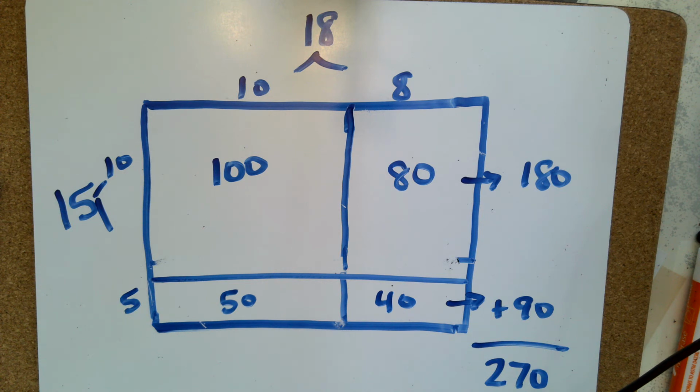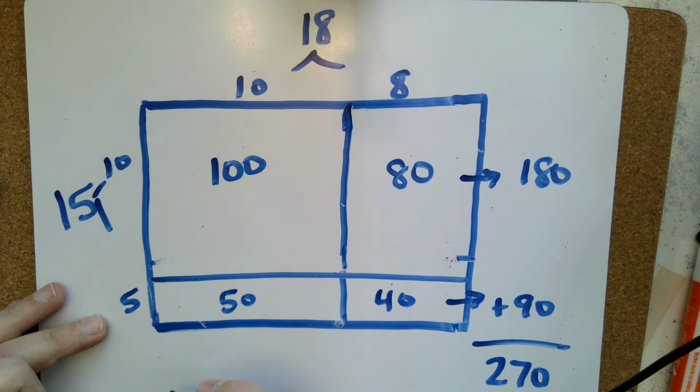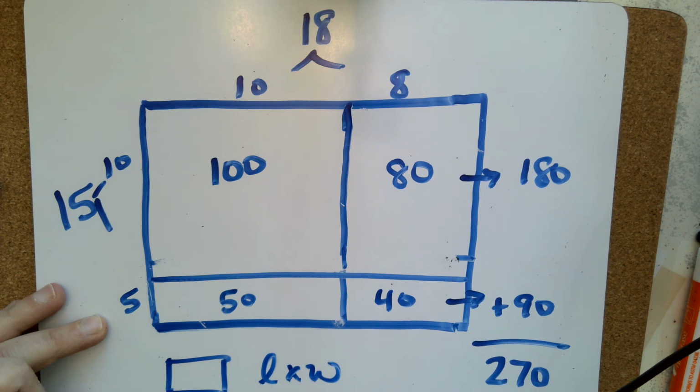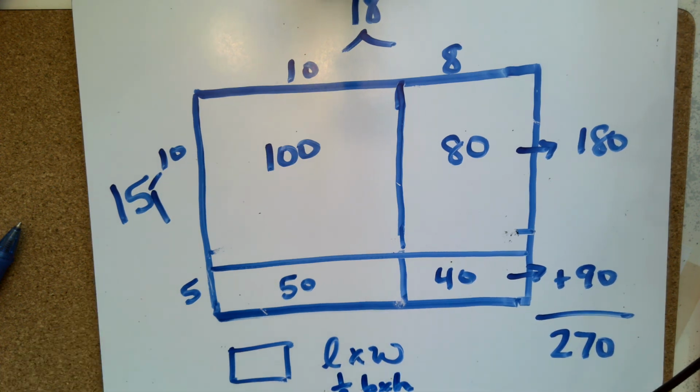This also will tie into so many other areas of math that we haven't gotten into, such as when they get into high school, they're going to learn that the formula of a rectangle is length times width. And then they're going to learn that the formula of a triangle is 1/2 base times height, and it's the same thing.